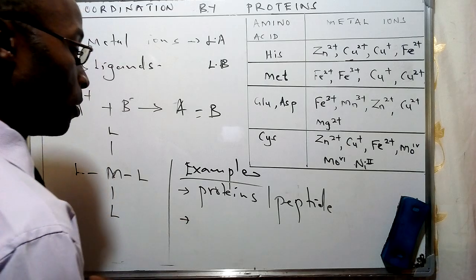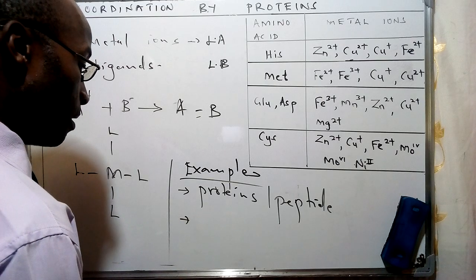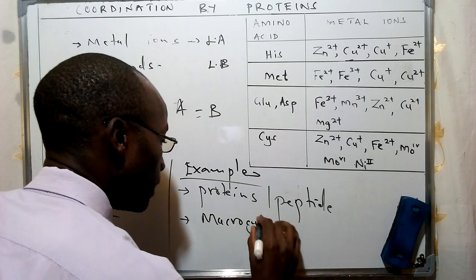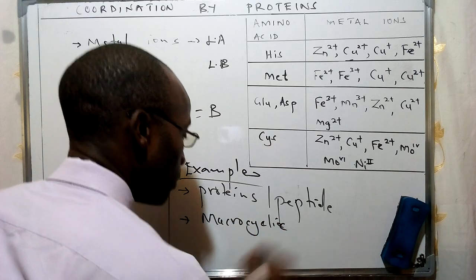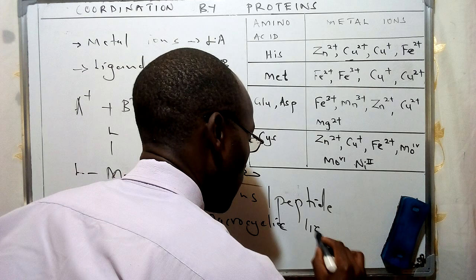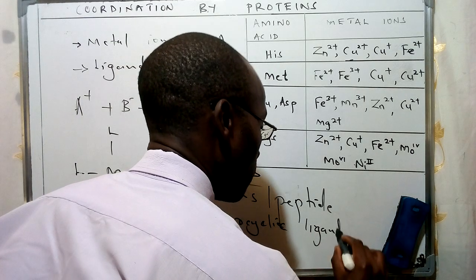We said that among those important biological ligands are macrocyclic ligands, which we gave in terms of crown ethers and porphyrins.